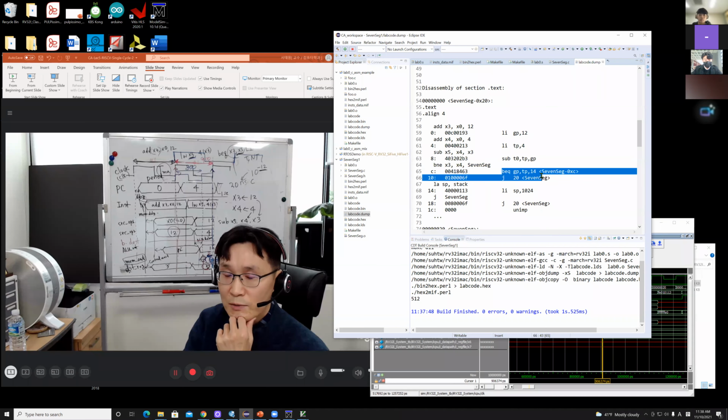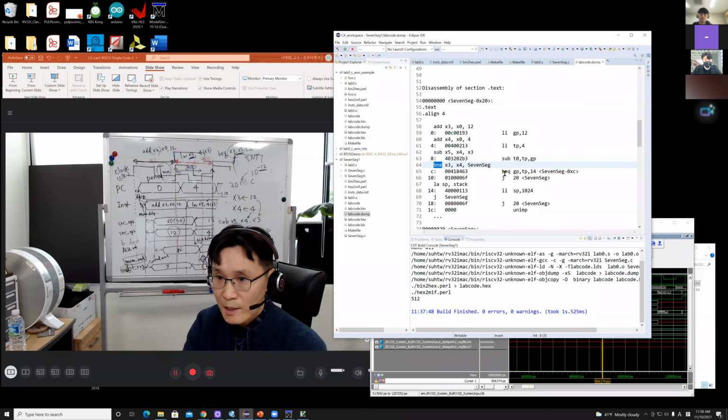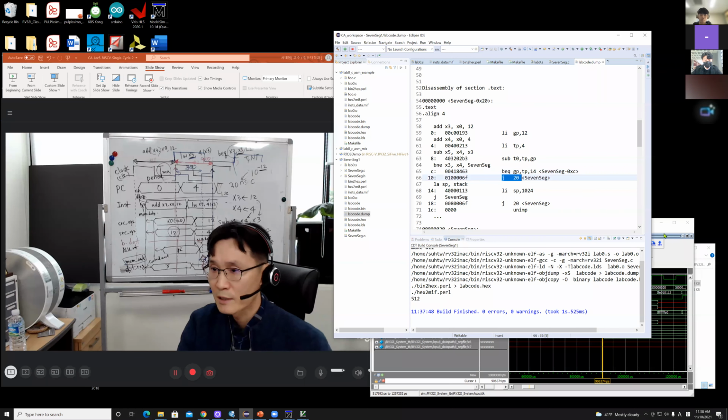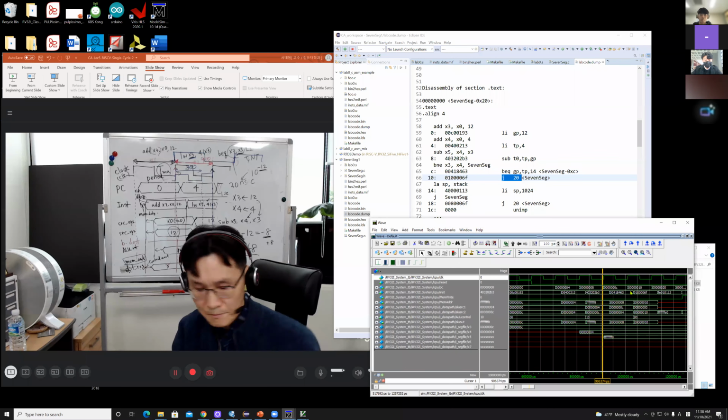The compiler decided to use BEQ instead of BNE. So if equal, then go to location 14. Otherwise, you fall through. That means jump. So that is correct, right?